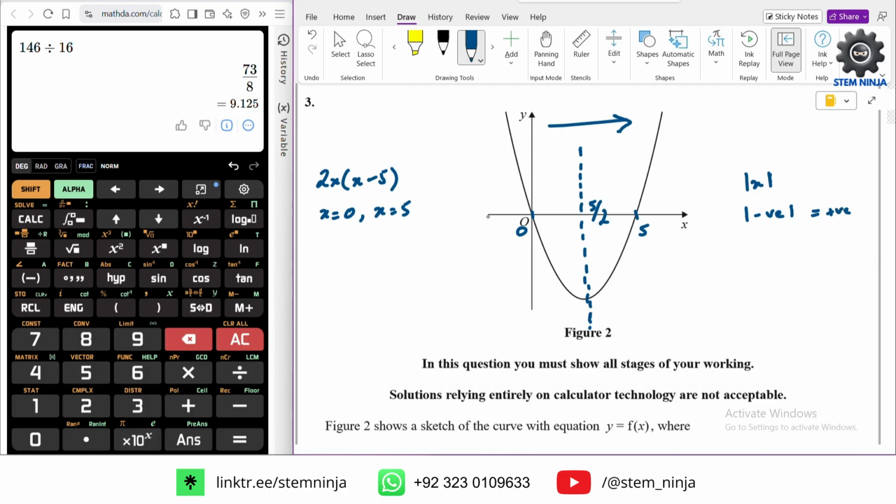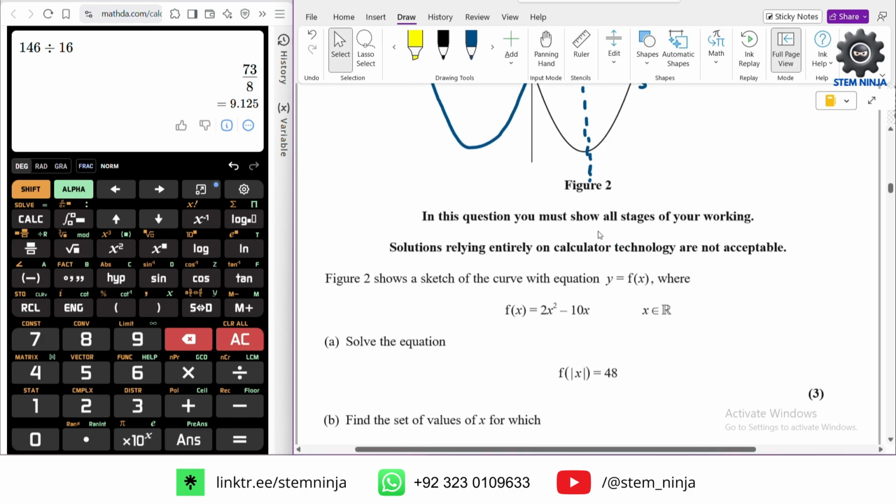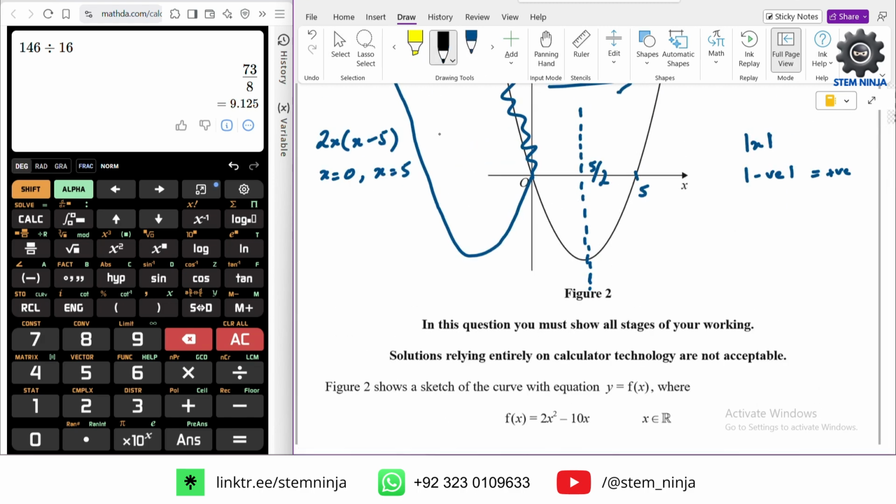So for example, if you want f of minus 5, you will actually be getting the same value as f of 5. So basically, you will have sort of like this value, and you will not have this value. Right, so it's basically sort of like a W type situation over here. Right, okay, and this is equal to 48.